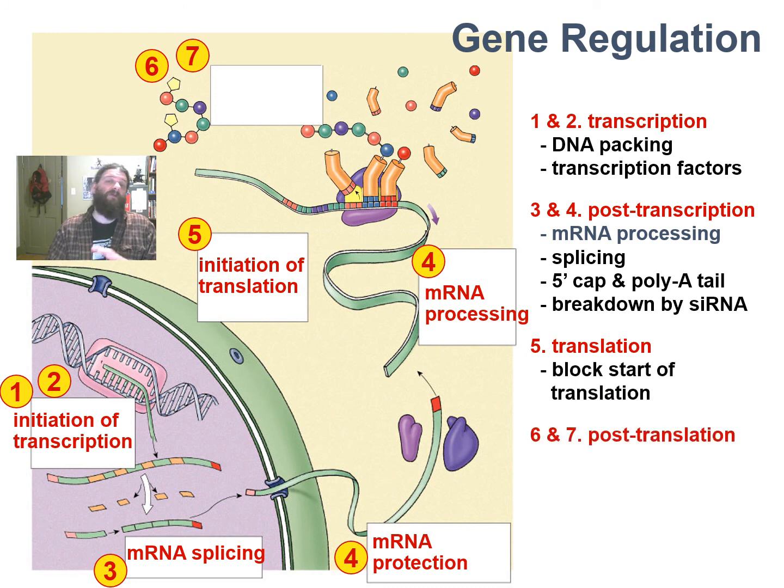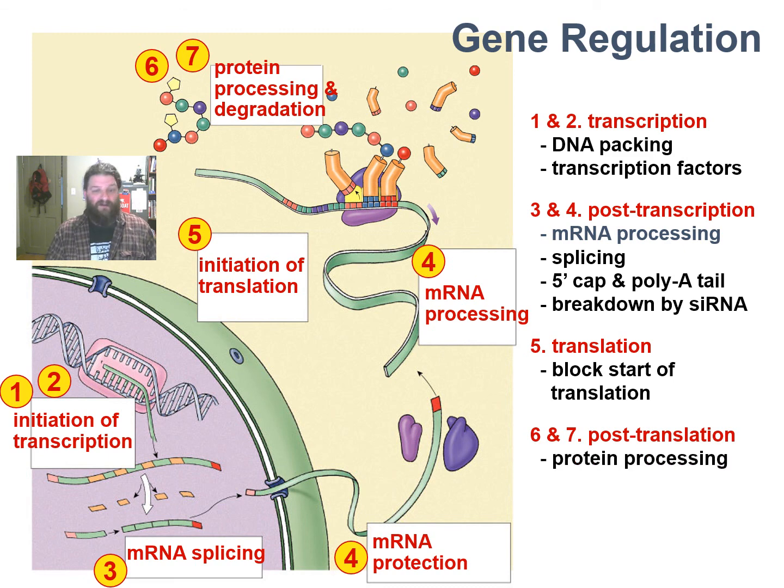And even after translation has taken place and we have the protein, or at least the polypeptide, that polypeptide has to be folded into the right shape to be a protein and have its effect. And that protein has to last long enough to actually do its job and have its effect. So if I ubiquitinize it, it's going to be degraded and still not have its effect.